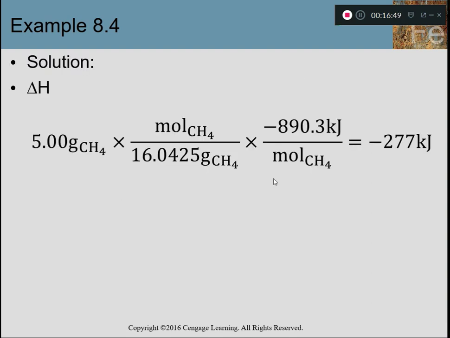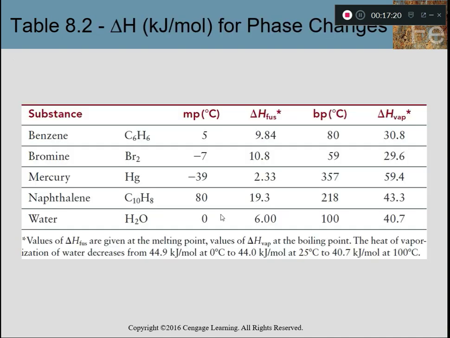So we take our 5 grams divided by the molar mass to get moles, multiply times the negative 890.3 kilojoules per mole. Moles of methane cancel, grams of methane cancel, and I get that I release only 277 kilojoules of energy. 5 grams is less than 16 grams. I do not have a full mole, so I'm not going to release a full 890 kilojoules of energy. Okay, that's one application of the thermochemical equations.